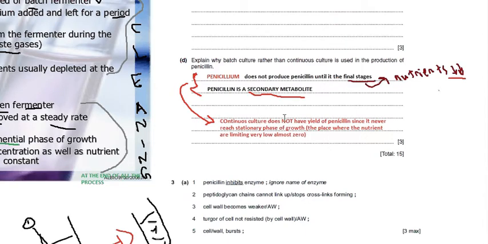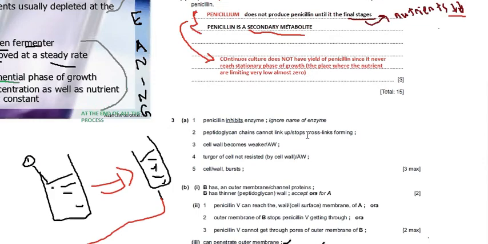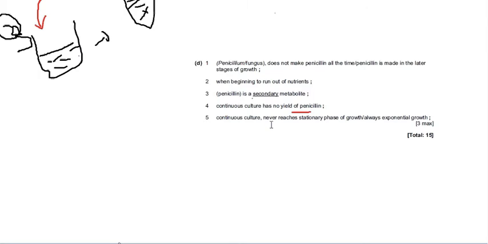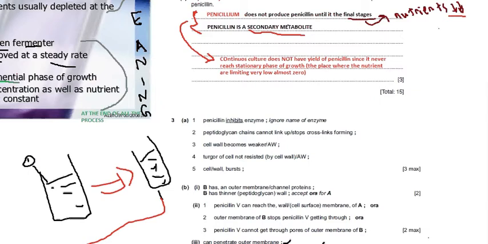It never reaches stationary phase because continuous culture, as we already said, has only exponential growth rate.